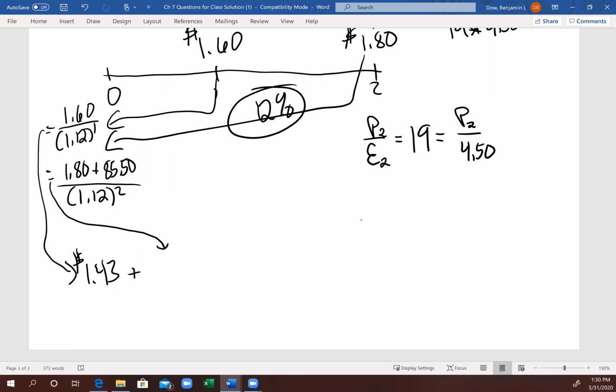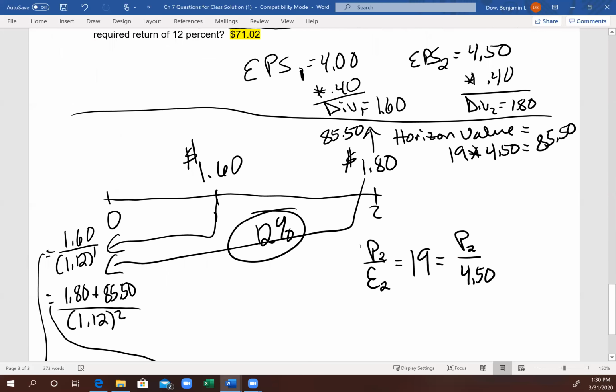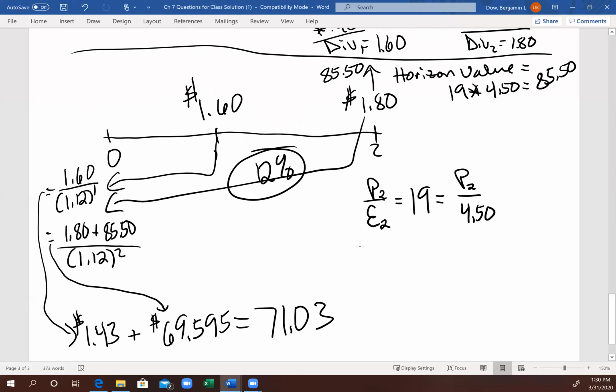And the $85.50 plus the $1.80 2 years from now should be worth around $69.59, somewhere around $71.03. Oh, 71.02. How about that? Round down.